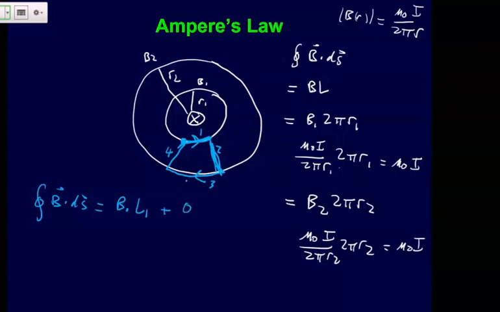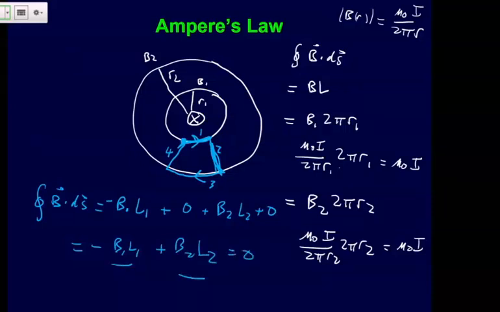For leg 3, and actually I should be careful, so this would be a negative B1 L1. And then for length 3, I'd be back at B2 times L2, and then plus 0. What will totally work out here is that these two things are going to add up to 0. There's a negative contribution and a positive contribution.